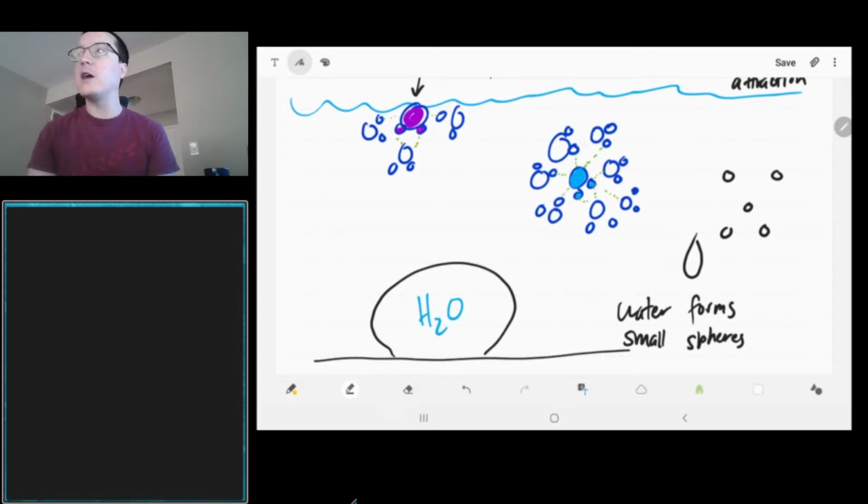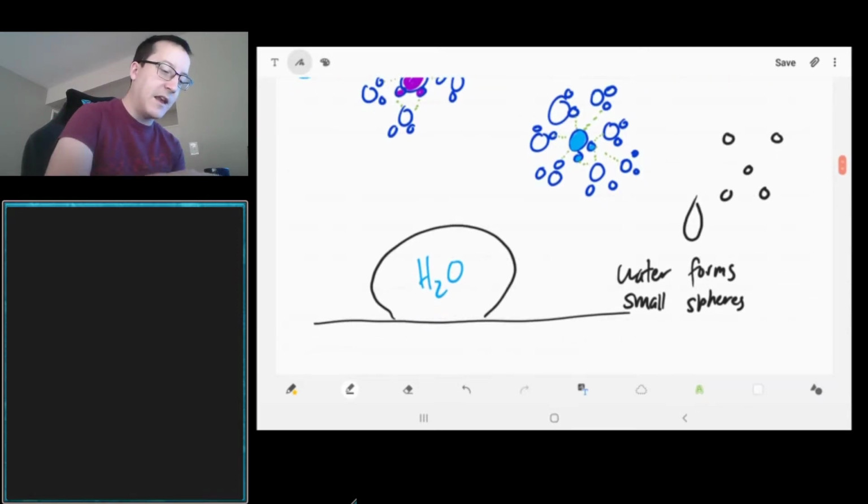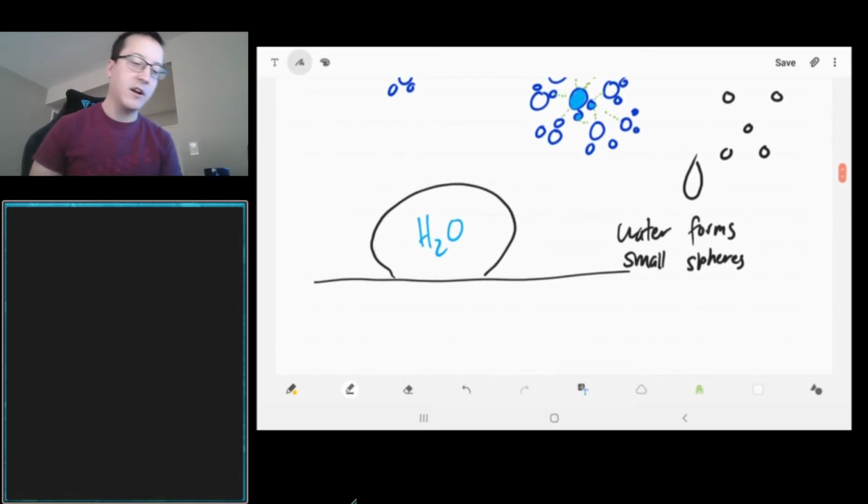So if you have a brand new shiny surface or a freshly cleaned window, your water molecules will form these little beads on it because of this surface tension idea. So the net idea here is that you're going to form these little spheres where the molecules are attracted to each other.